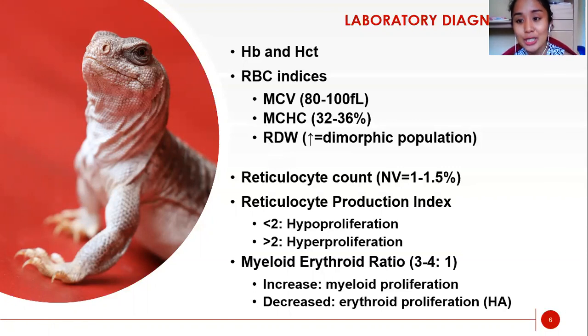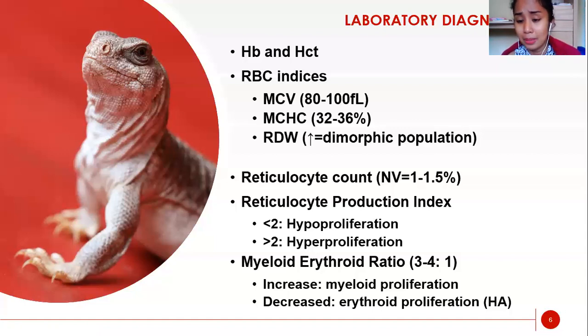If it is increased, it means there are different sizes found in your blood sample: not only normocytic, there are also macrocytic cells, the sizes are varied. So if it's increased, there is anisocytosis, or a dimorphic population. This was asked in the board exam; they like to ask that.